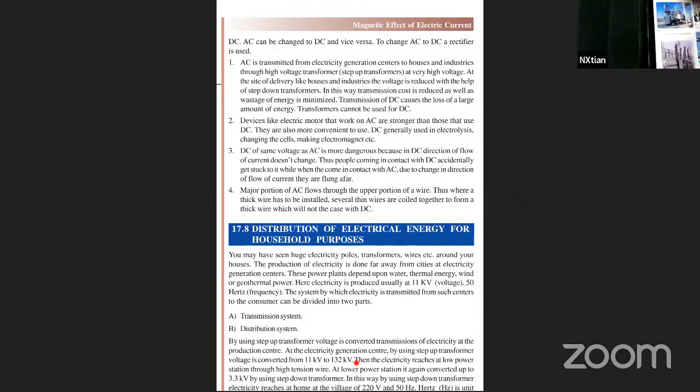And near to your house, or in your colony, this type of transformer is also there.